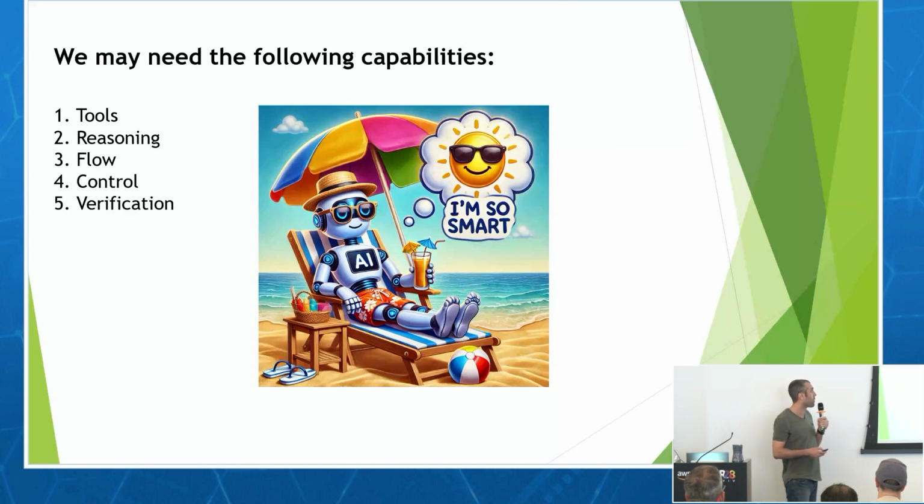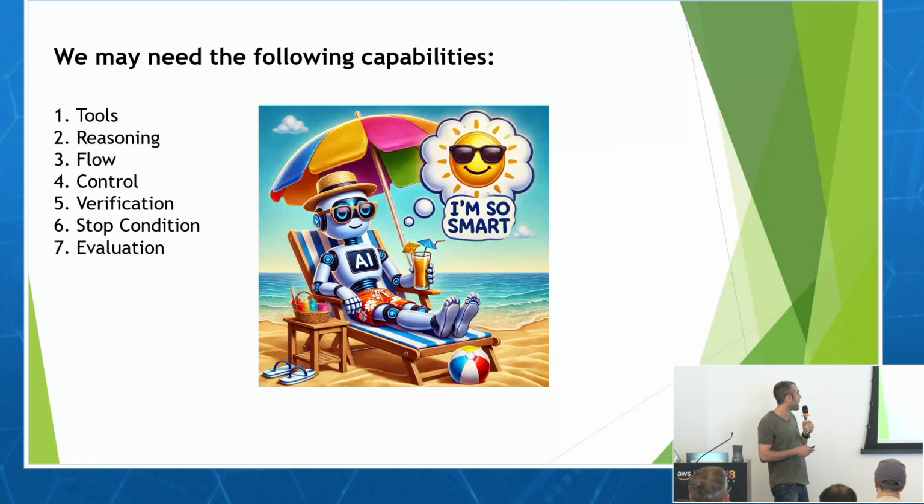We want to verify that what's happening inside of this is actually what we want to happen. We have to know when to stop the agent's performance, and we want eventually to try to evaluate how well we performed on the task.